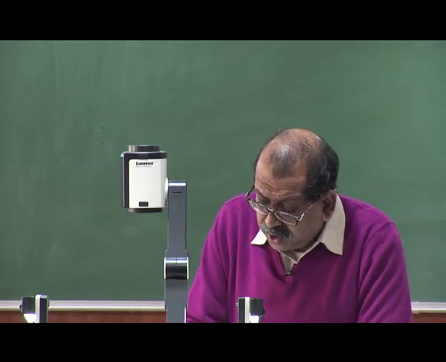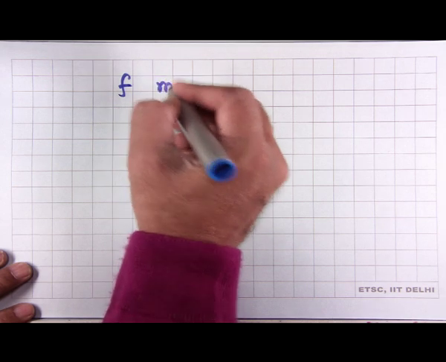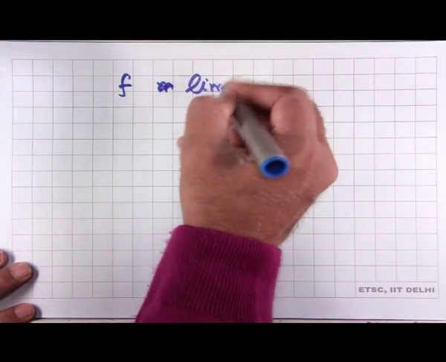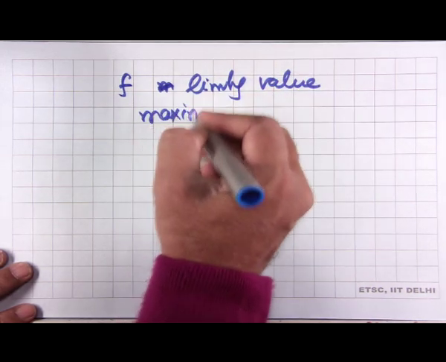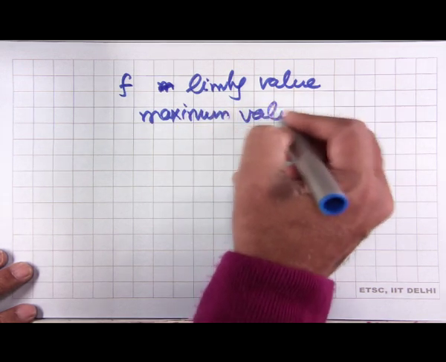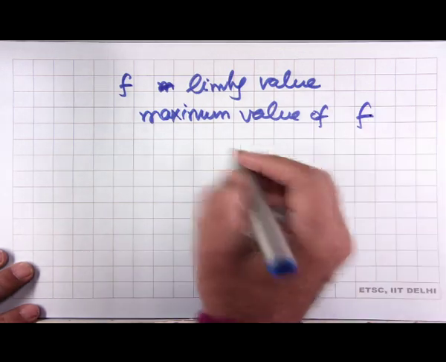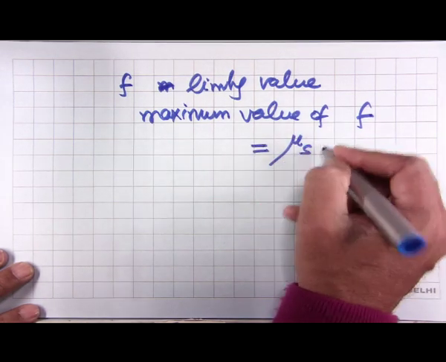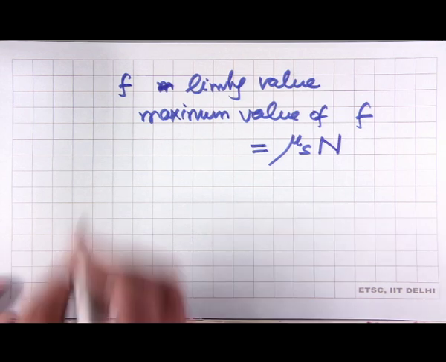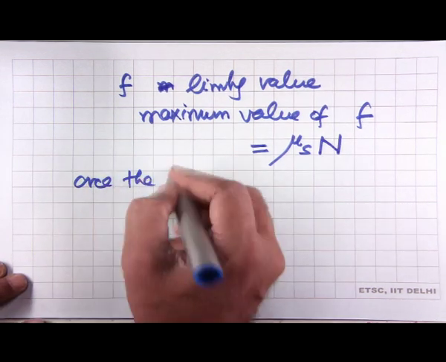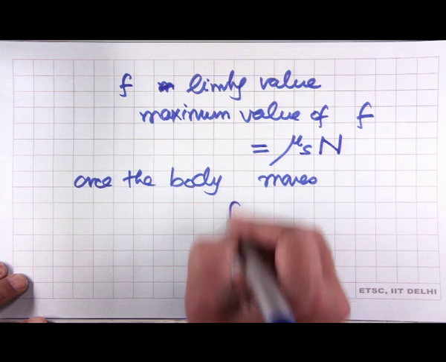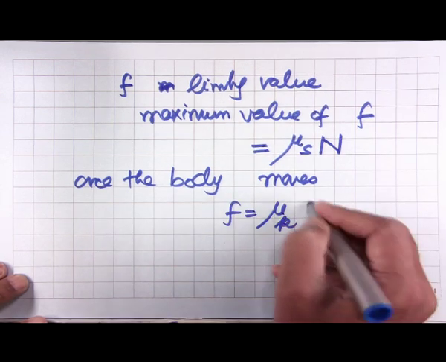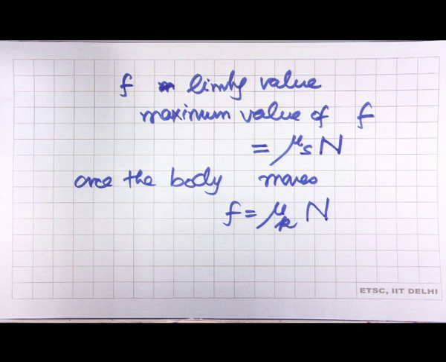What we know is that the friction force has a limiting value. The maximum value of the friction force is equal to mu s times N, and once the body starts to move, the friction force is equal to mu k times N in the direction opposing the motion.